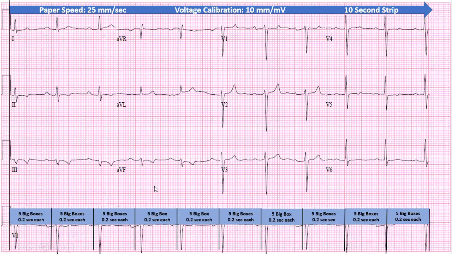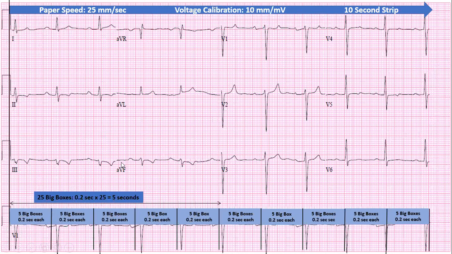Now, if you have a look at the first half of this, these are 5 big boxes, 0.2 seconds each, meaning that if you take these 0.2 seconds and multiply by 25, because now we have a total of 5, 10, 15, 20, 25 big boxes, right? And we know that each one is 0.2 seconds. So if you take that multiplication, you're going to get 5 seconds.